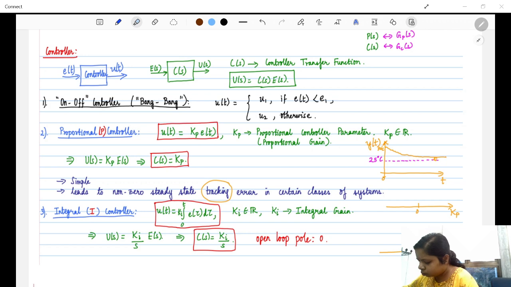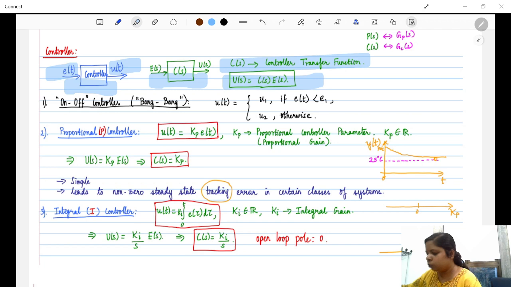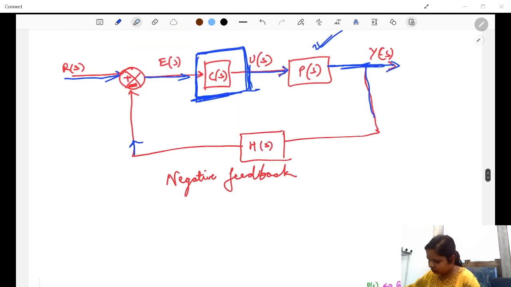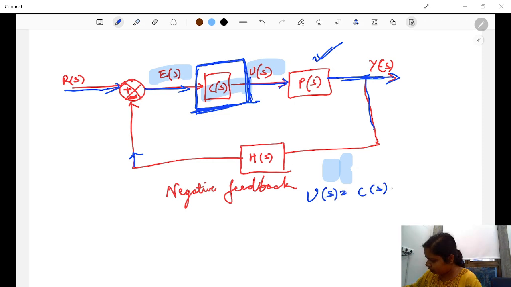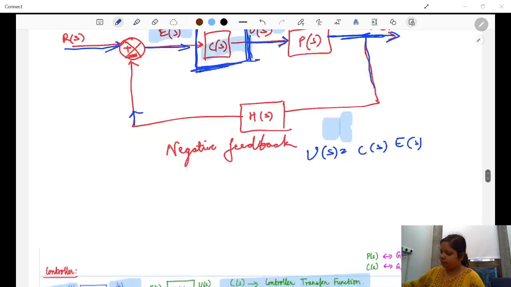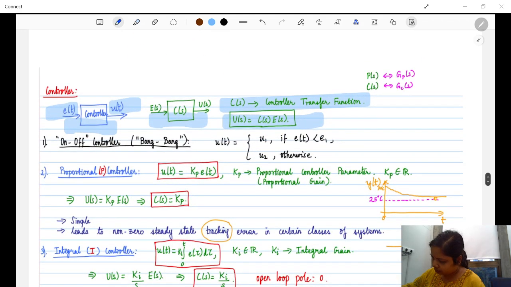Again, this is the error, this is the control input, and this is the controller. So our controller transfer function is US is equal to CS into ES. See, US is here, ES is here, CS is here. So US would be CS into ES, right? That is why this is written here.